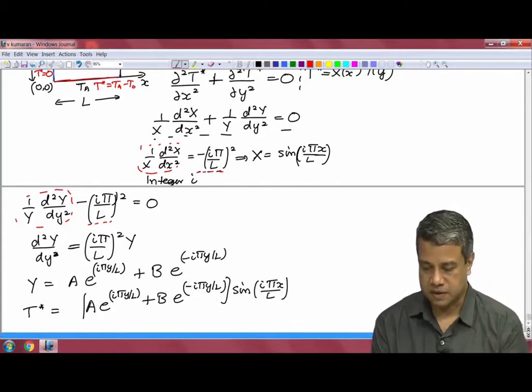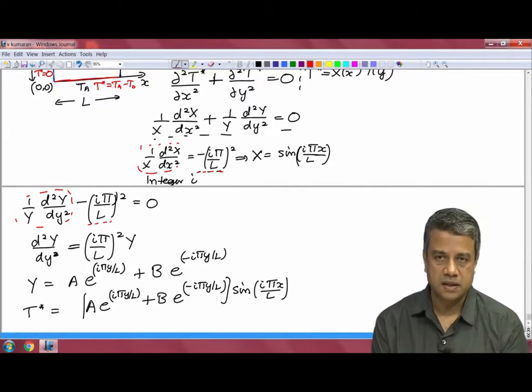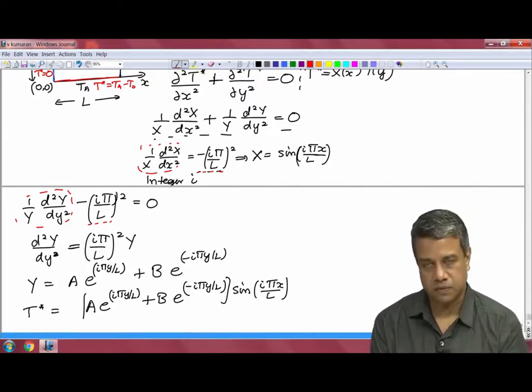If you just substitute this, you will find that the second order differential equation is identically 0.